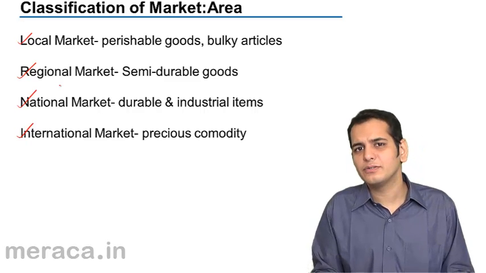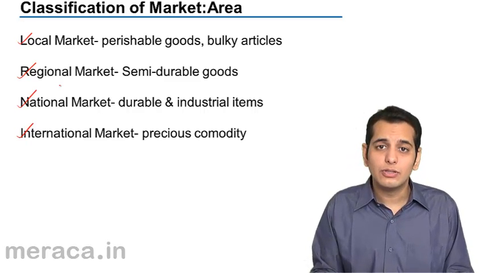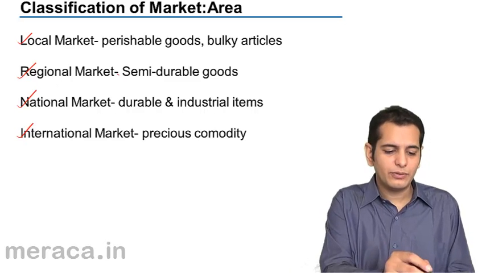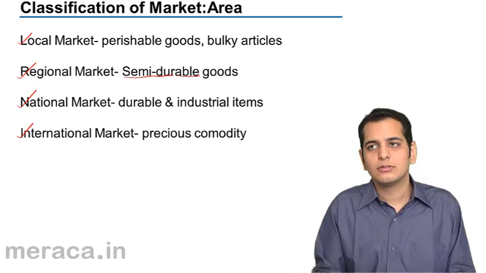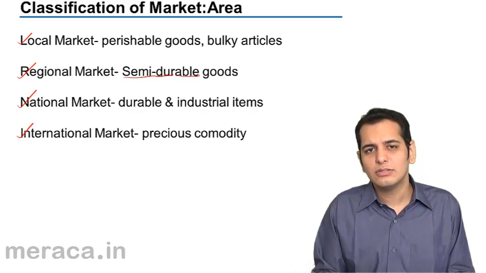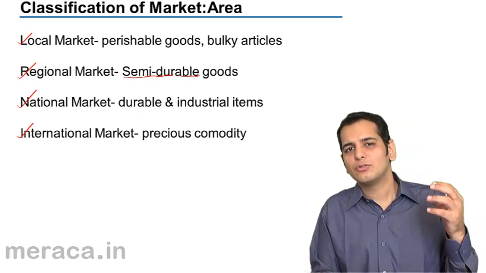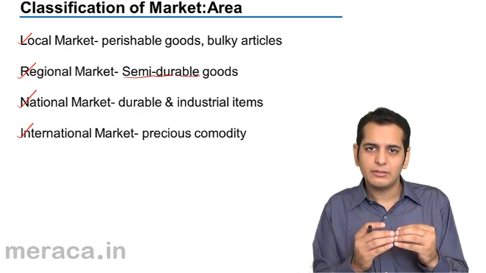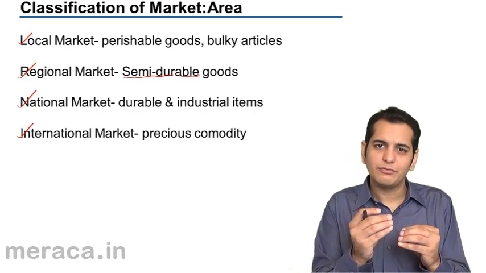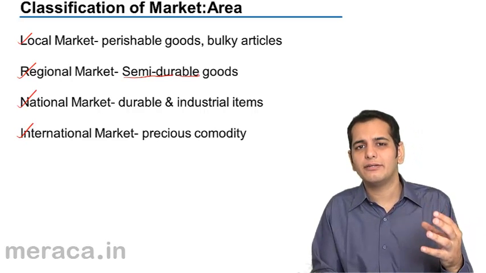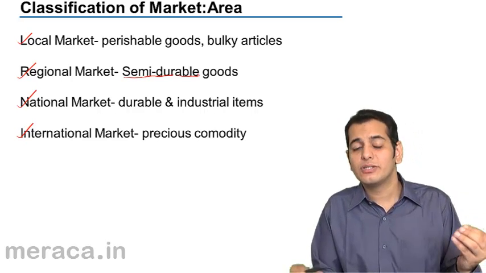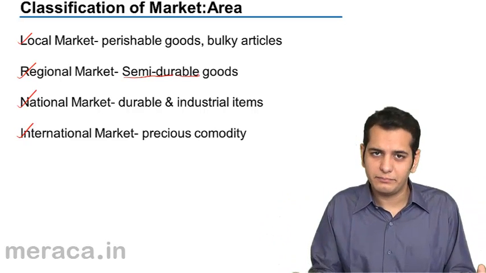So what kind of things do you get in a regional market? Generally, you tend to get semi-durable goods. Now, what are semi-durable goods? Semi-durable goods are those goods which tend to have a life of more than perishable goods, a life wherein you can use them for some period of time.